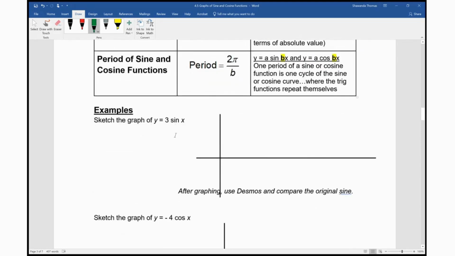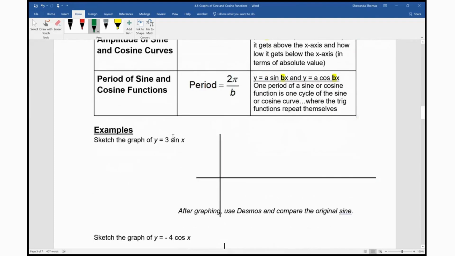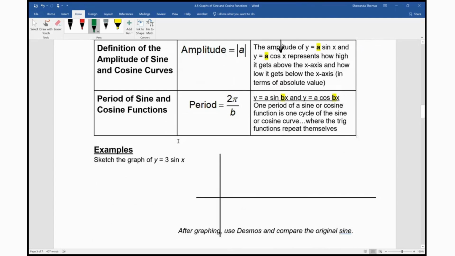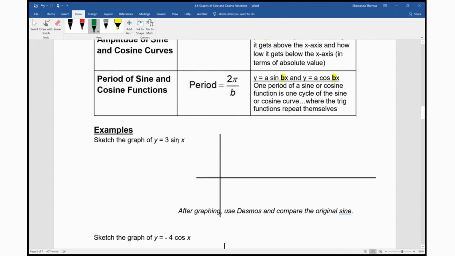Just sketch the graph of y equals 3 times sine x. All right. Let's first find the period and the amplitude first. Usually I'm going to probably start off with period and amplitude. So period.